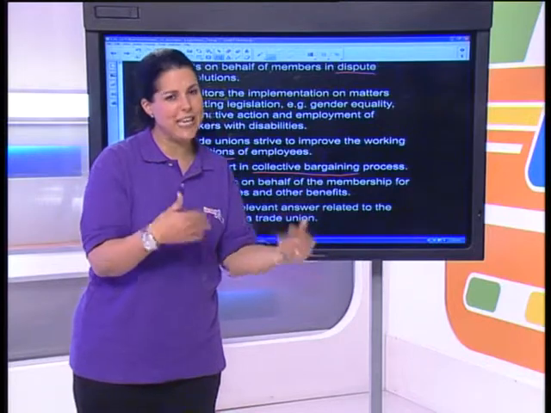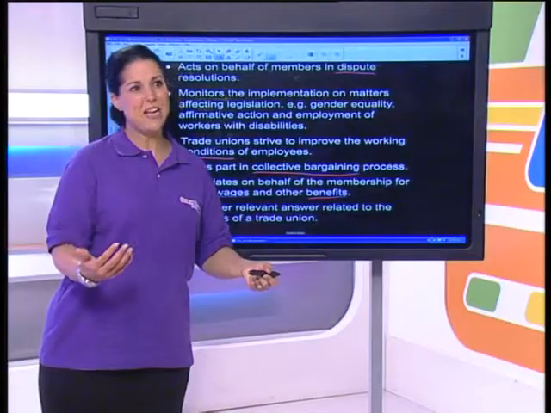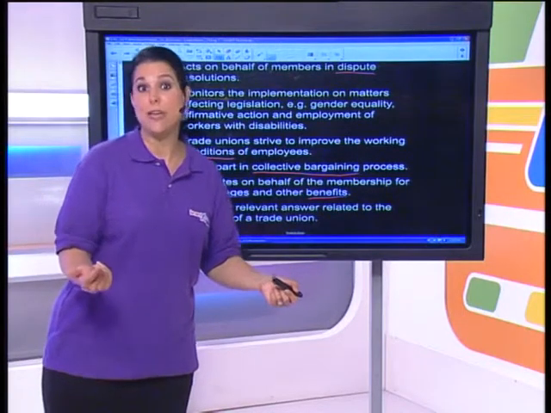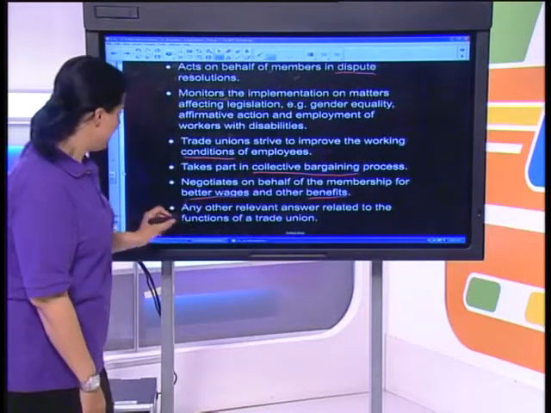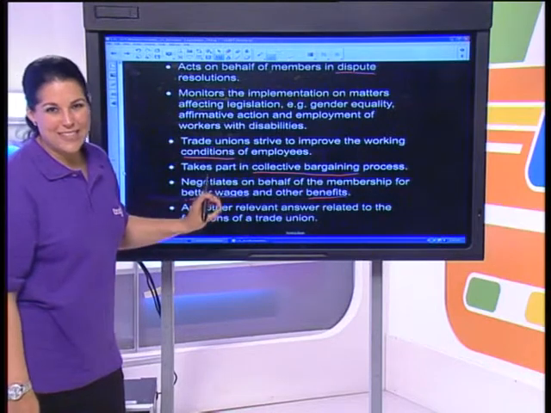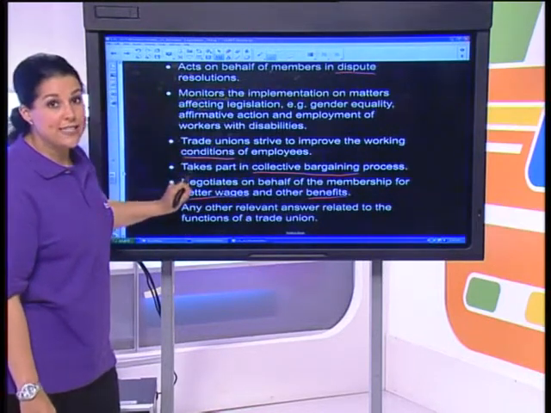Collective bargaining is like negotiating. Negotiates on behalf of the members for better wages and benefits. What could a benefit be? Something like your bonus, something like a weekend away, something like that. And then any other answer that you would give me here, as long as it applies to trade unions.